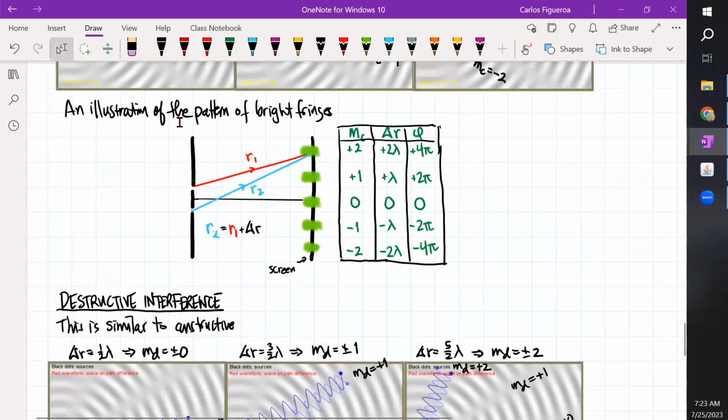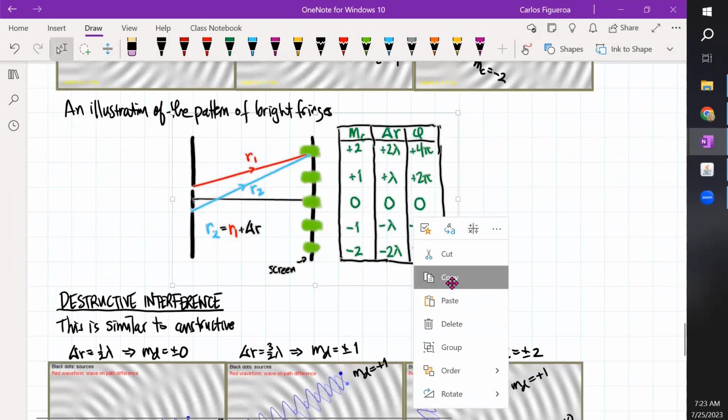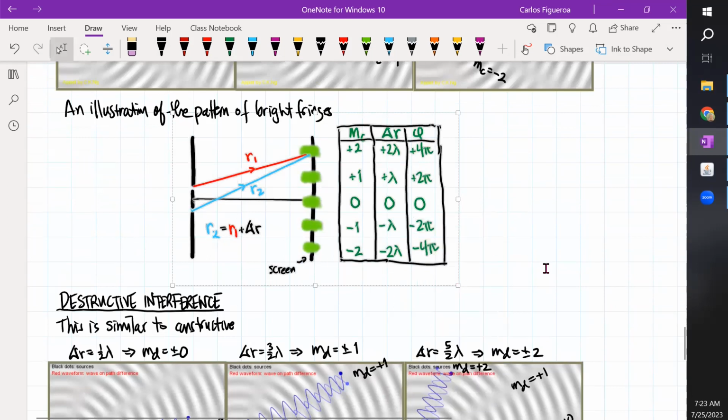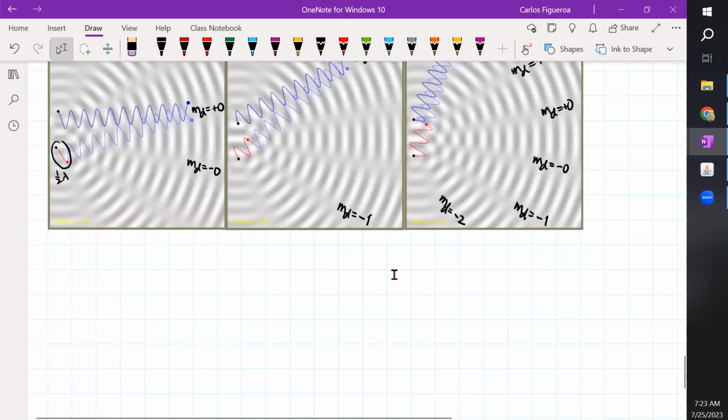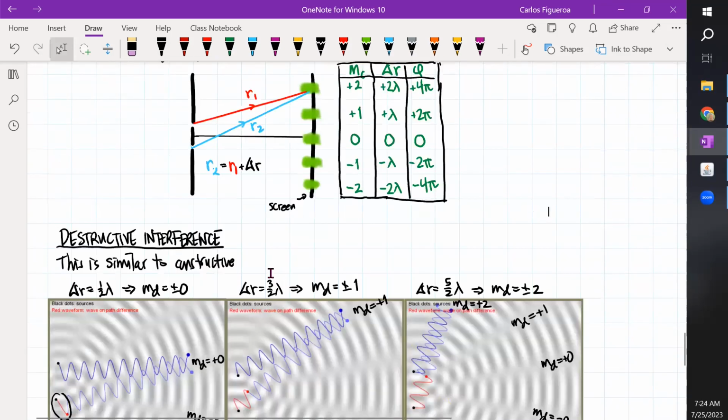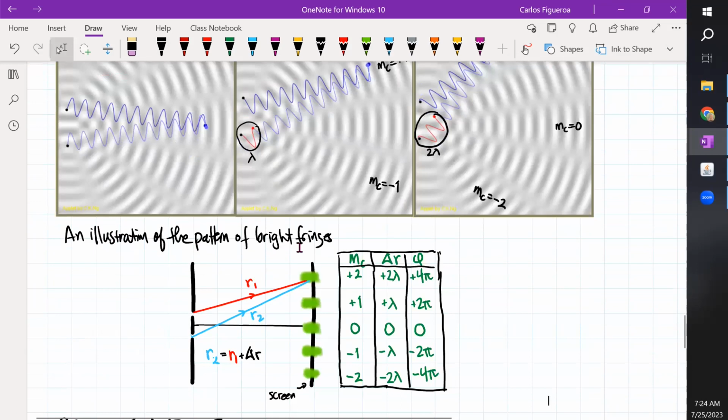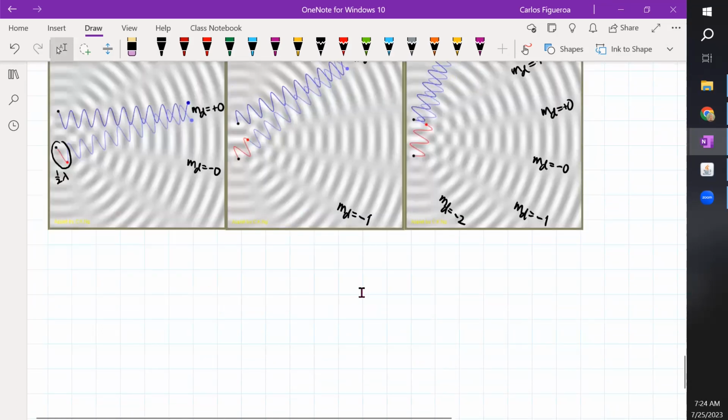So what I want to do here is take this, copy it, and summarize it. So now up here, we want to illustrate the pattern for destructive.